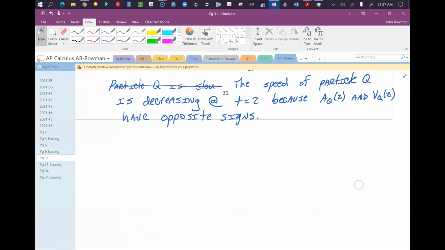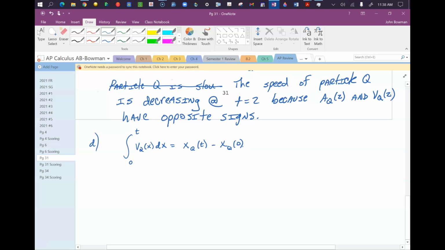So this is going to be our application of the fundamental theorem of calculus, and basically it goes like this. If we integrate from 0 to t VQ of, we're going to use the dummy variable x, we get the antiderivative of the velocity, which is the position, xq of t minus xq of 0.